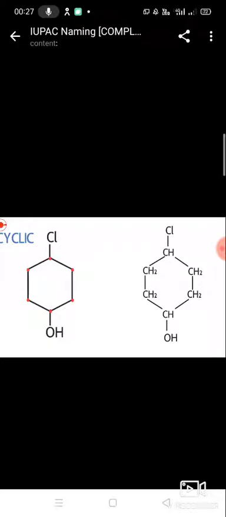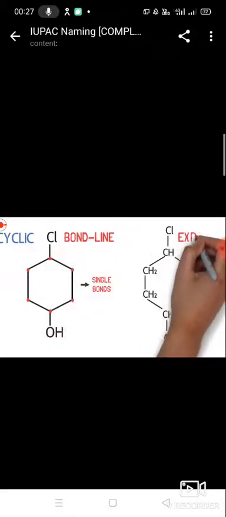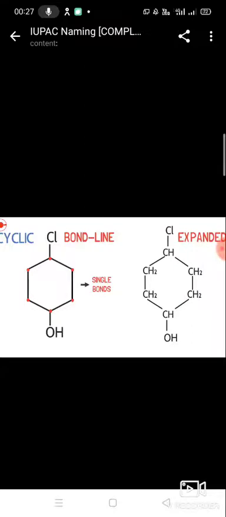The 6 corners contain carbon atoms, and wherever, the 4 valency should be satisfied by hydrogen or some other atom. Here chlorine is there, alcohol is there. So at the remaining places hydrogen is present. To balance the carbon valency, we have to use hydrogen or some other chlorine atom or some other functional group. Without showing hydrogen, this is known as bond line.